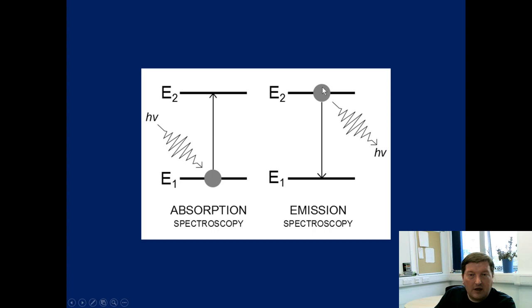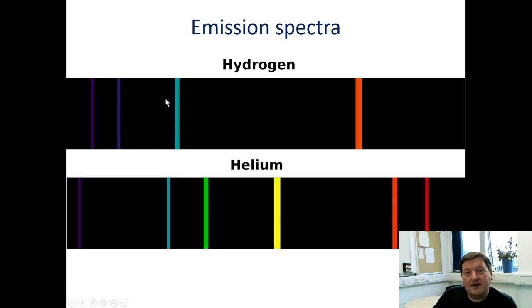The energy will go back from the excited state to a lower energy level, and you see these four lines in the hydrogen spectrum. With helium, you see more lines because now you've got two electrons, and so there will be other energy levels, so each electron can fall back to different energy levels. There are more combinations of energy levels, if you like. So helium is a little bit more complicated.